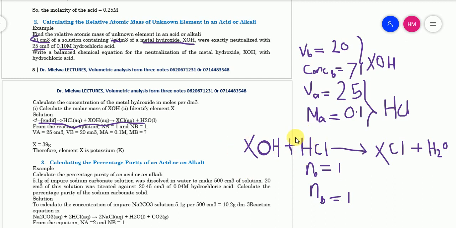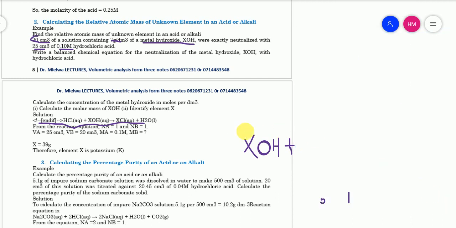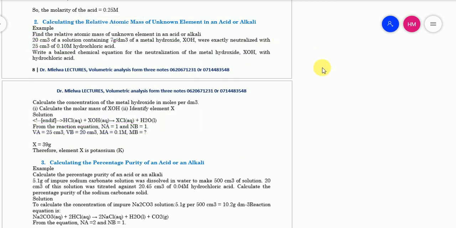Now from there we use the molarity formula to calculate the molarity of base. What we need here is the molarity of base. So as we know, in our normal formula we calculate the molarity of base, and after calculating it, we can continue with calculating other parameters of the base.